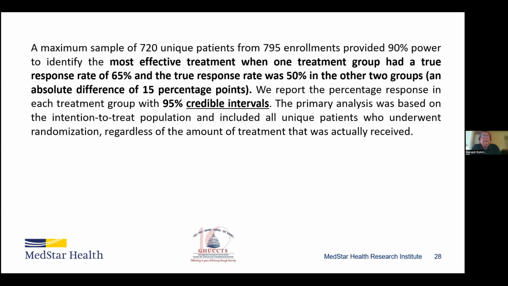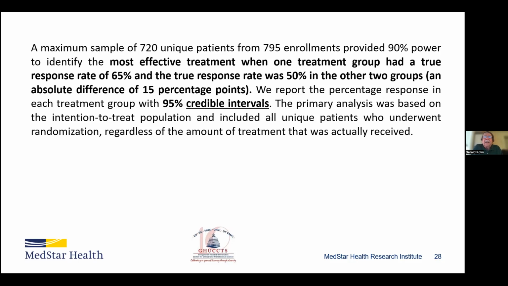So they ended up with a sample of 720 patients, to identify the most effective treatment when one group had a true response rate of 65%, but the response rate in the other two groups was only 50%. So here they're telling us what their effect size is, 15 percentage points, 65 minus 50.